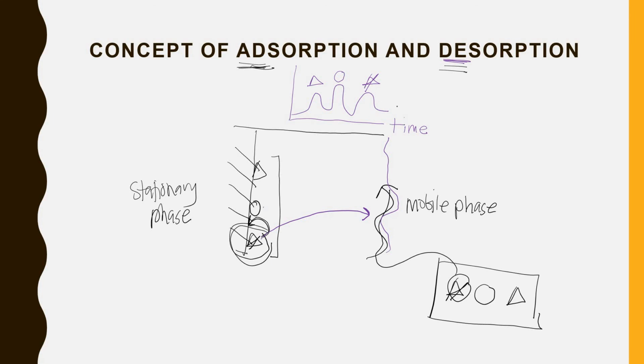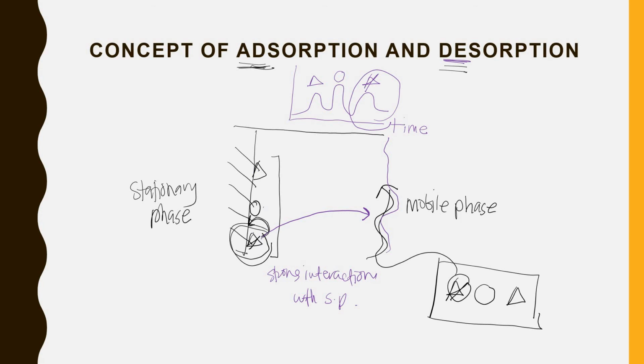You know that the star will come out late compared to the other two analytes. From here, the concept is that adsorption occurs, and it has a strong interaction with the stationary phase compared to the circle and the triangle.